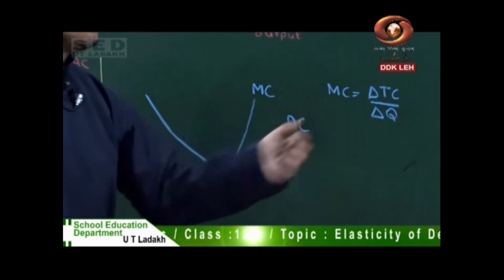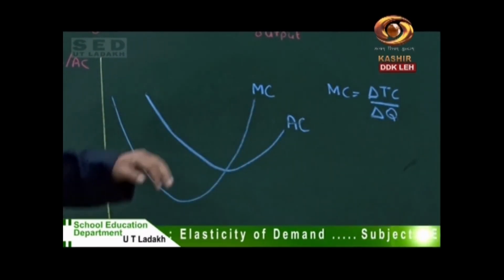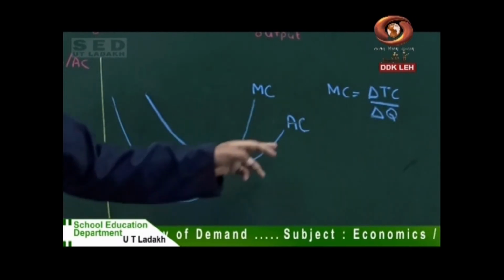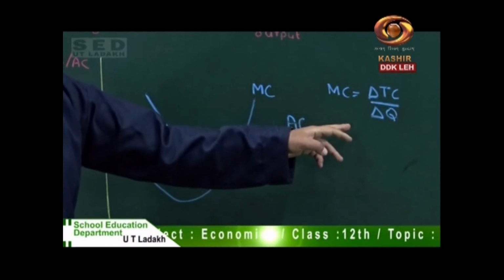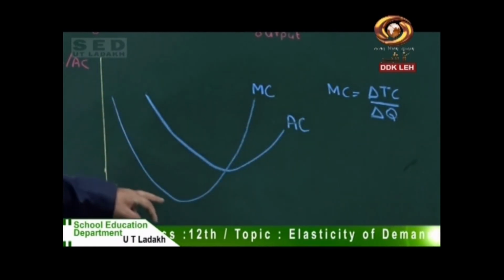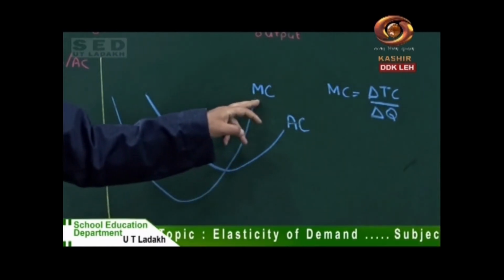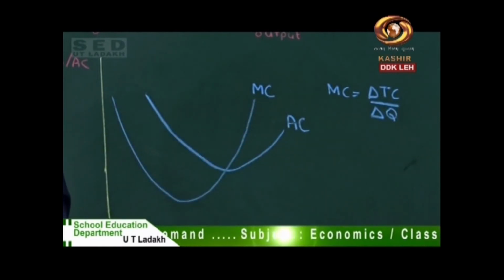That is what your marginal cost is. Now what will be the shape of the marginal cost and average cost curves? Your average cost is simply the addition of average variable cost plus average fixed cost. The shape of marginal cost is generally U-shaped, and the shape of average cost is also U-shaped.